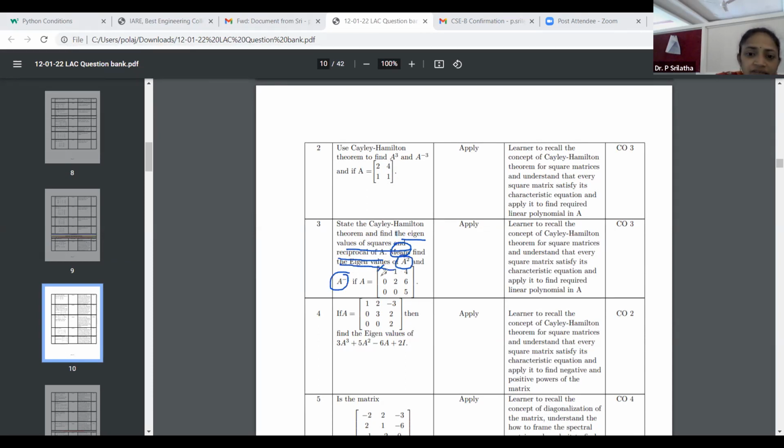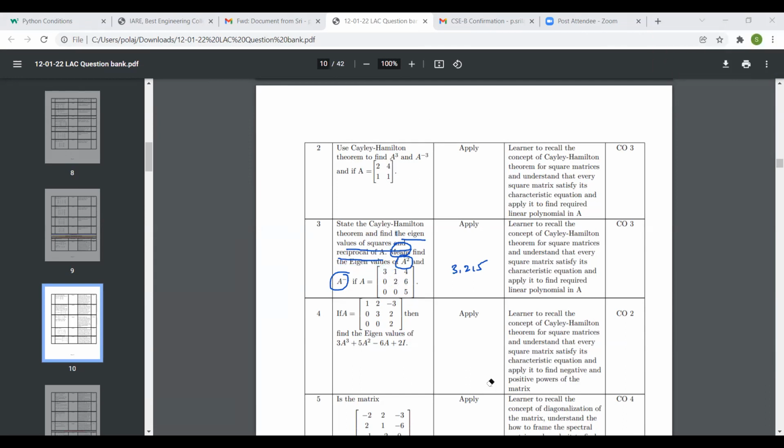So what are the eigenvalues for this particular matrix? 2, 3, 5, because the diagonal elements are the eigenvalues. That is an upper triangular matrix, and for an upper triangular matrix the eigenvalues are the diagonal elements.